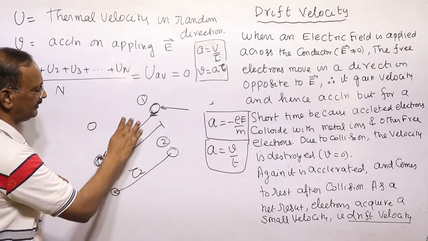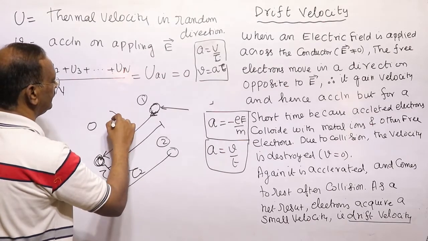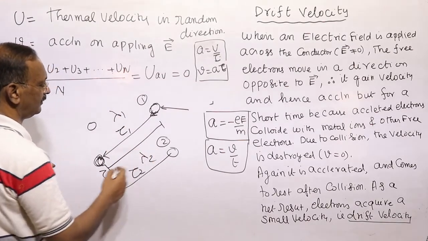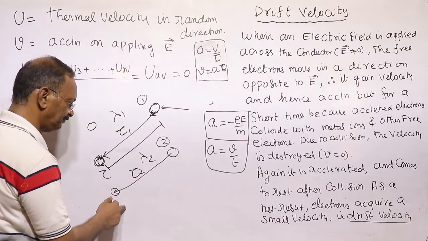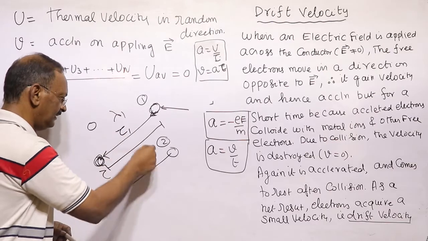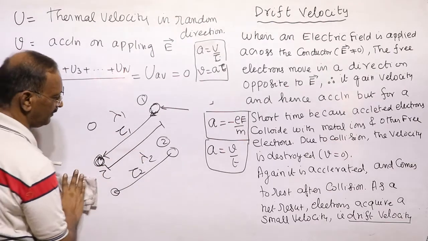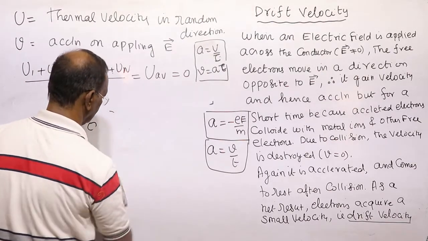If you take the average of free path, lambda 1, lambda 2, between two successive collisions, that becomes the mean free path, which we will discuss later.